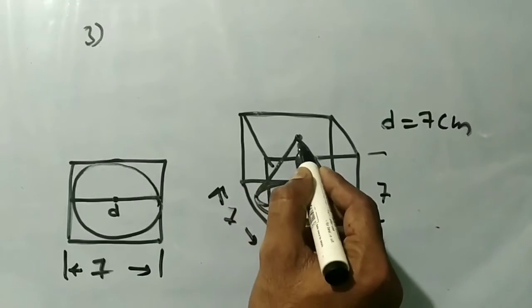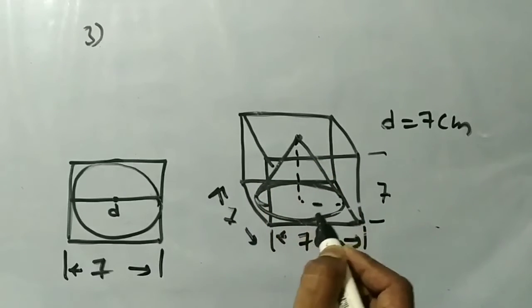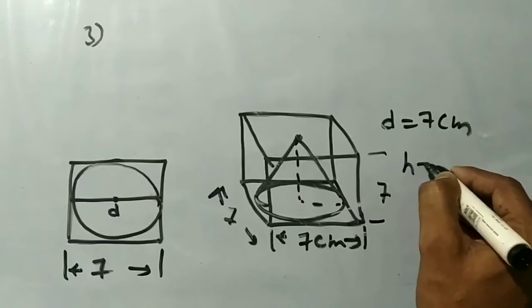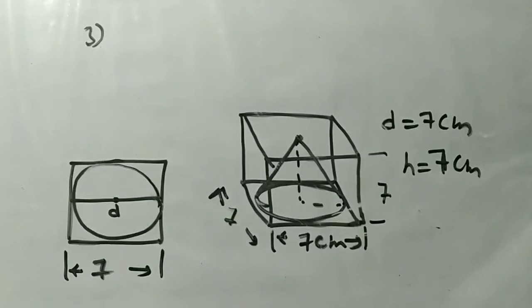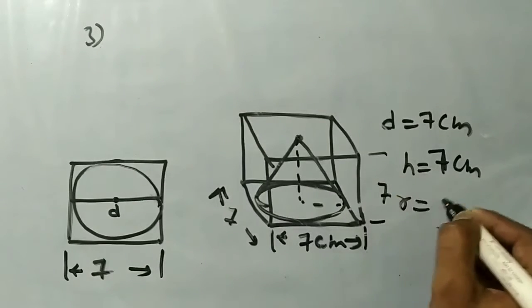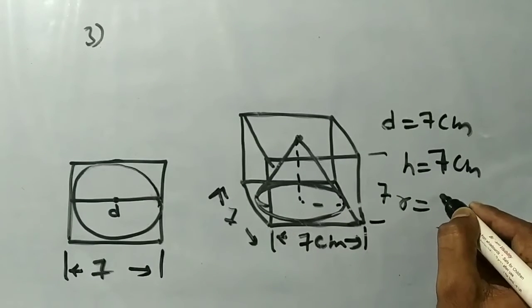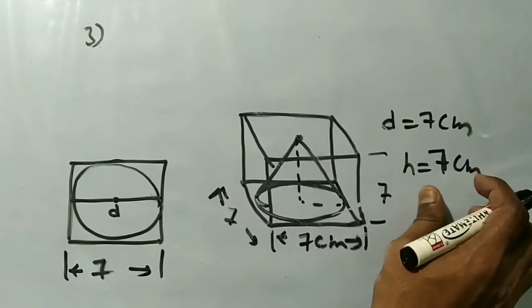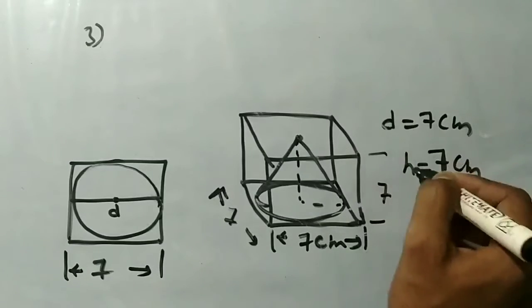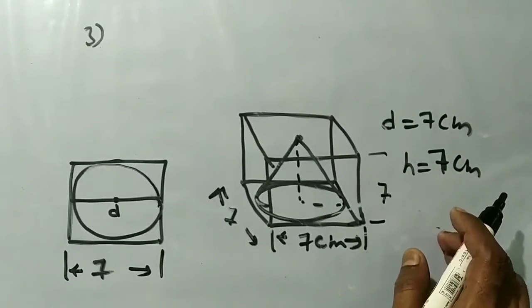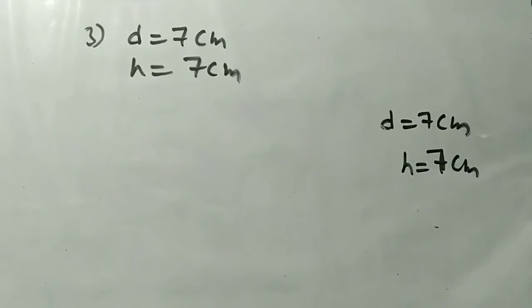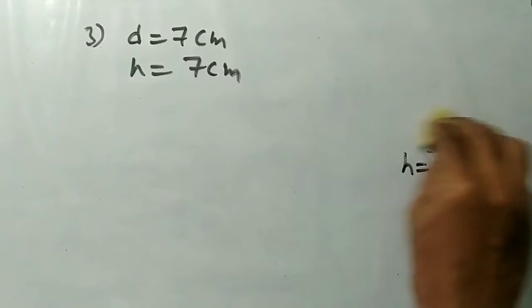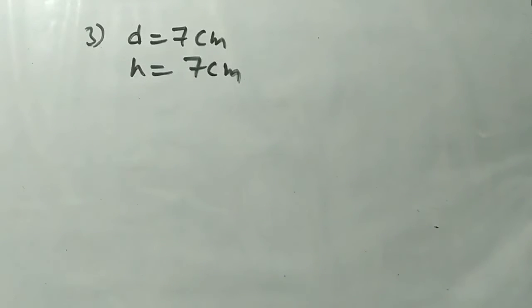So definitely the height of the cone is equal to 7. Therefore h is equal to 7 centimeters. Here r is equal to 7 by 2, which is 3.5. So we got h and r, and we can do the problem right now.